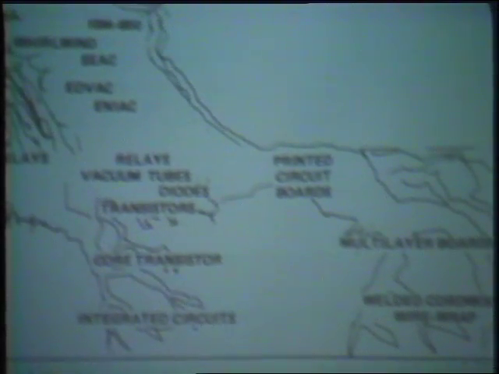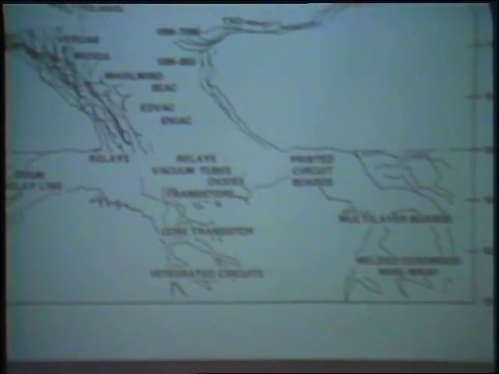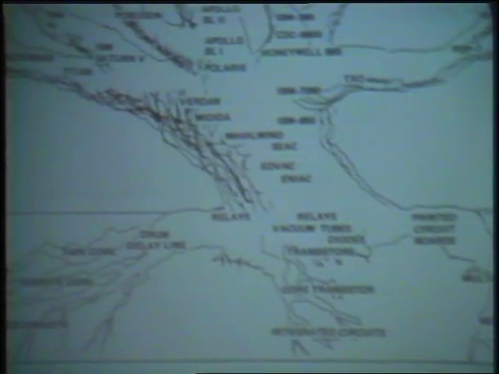Then above the line are the computers that these various technologies contributed to. There are the old-fashioned ones here, which don't matter too much, but Whirlwind was probably the first attempt to build a real-time digital computer. It was at MIT. Then the various IBM series for the large commercial machines out to the 360 here.